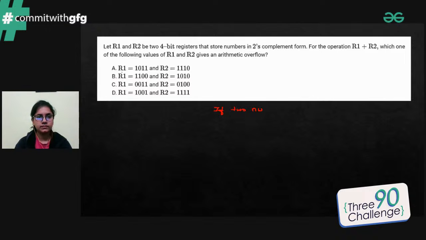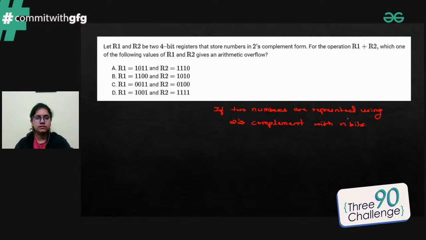If two numbers are represented using 2's complement with n bits, what is the overflow condition?